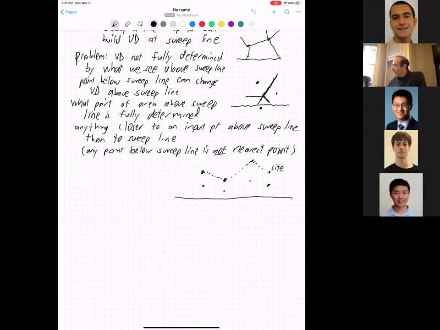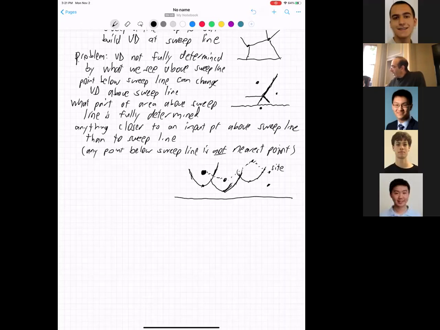Okay, let's just consider a particular point. Can you tell me which points are closer to this point than they are to the sweep line? It's a parabola. Exactly, right? There's a parabola here of points that are closer to that site than they are to the sweep line. Similarly, there's a parabola here of points that are closer to this point than they are to the sweep line. And there's a parabola here.